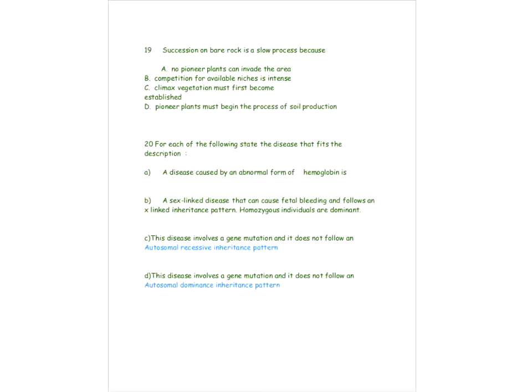D, that's right, because the first plants, they're called pioneer plants. And I was going to tell you, after a fire, the first plants that come in, I believe, are called pioneer plants as well.